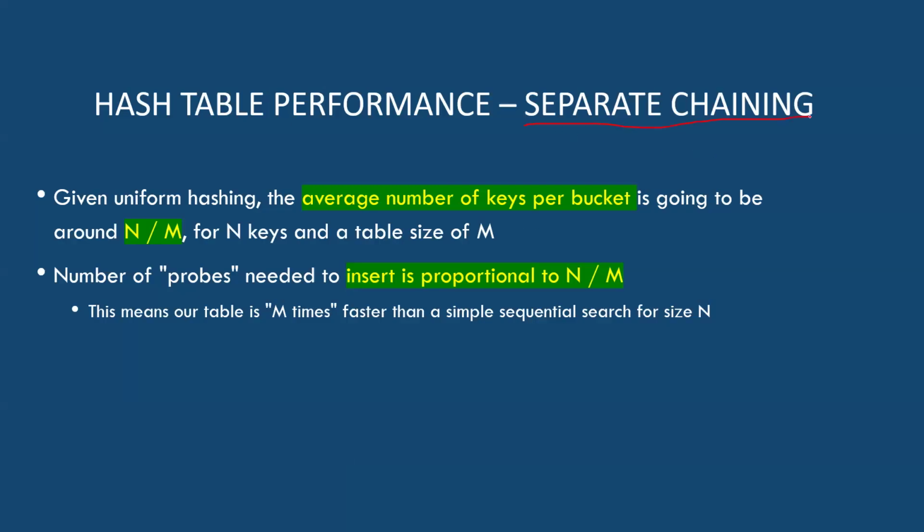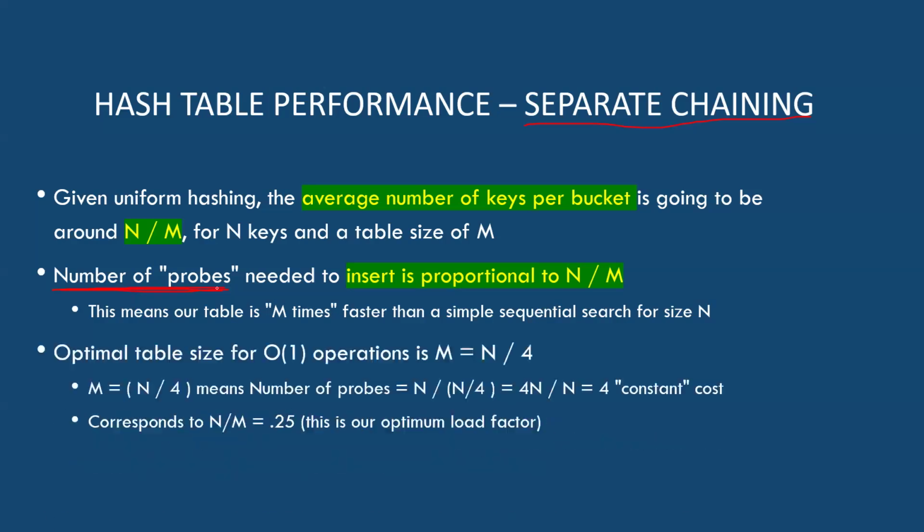It makes sense if you think about homework 5, when you have to insert, if your load factor is 4, then you're going to have to search all the way to the end of that 4-length chain to make sure you don't have a duplicate. So your number of probes, even though it's seeking down a linked list, and we're not probing in the open addressing way, is going to be how many times you have to jump across the pointer in homework 5. So that's going to be proportional to your load factor. Keep that in mind.